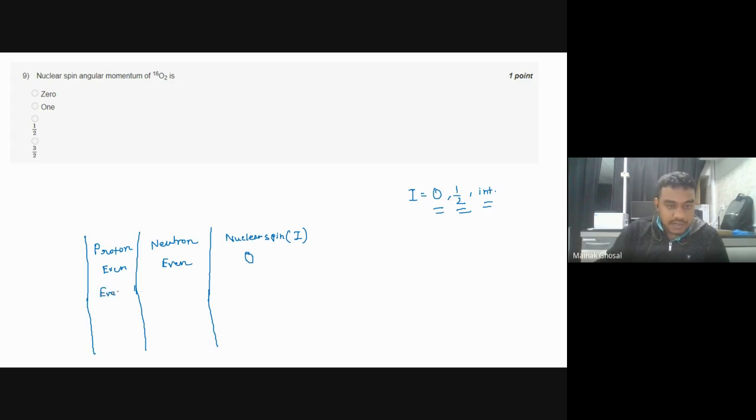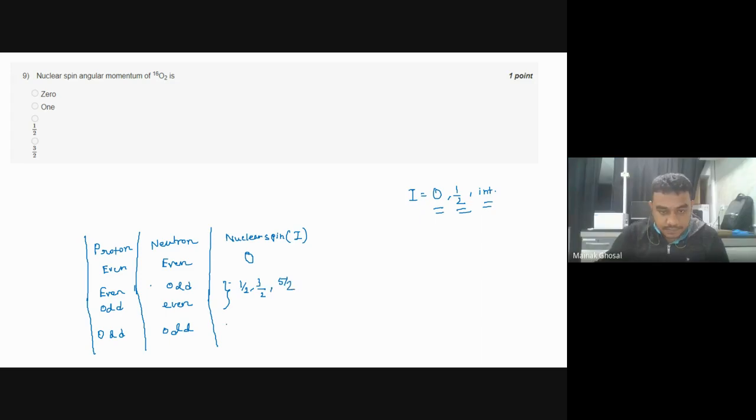Now another combination is number of protons even and number of neutrons odd, or number of protons odd and number of neutrons even. This is another case, and there is another case also that both are odd. I have told you that if one is even and another is odd, you will see a half integer spin.